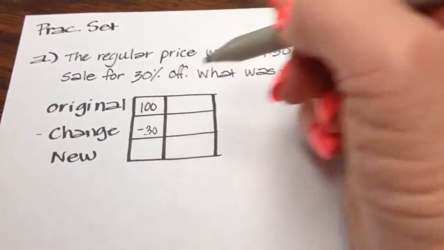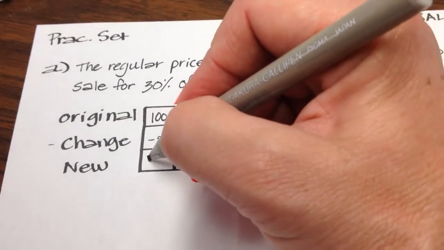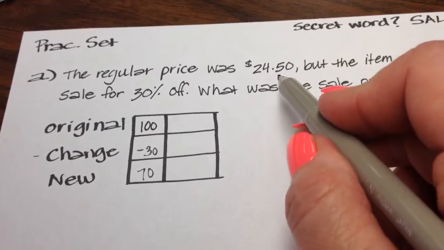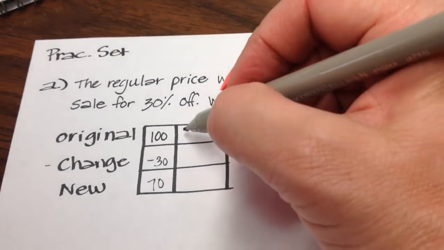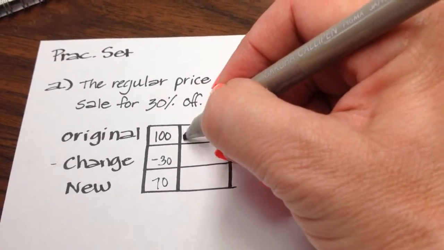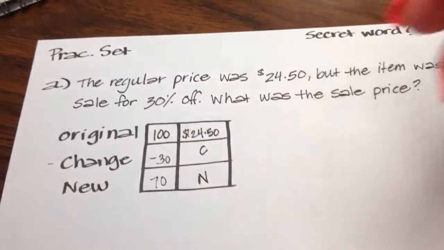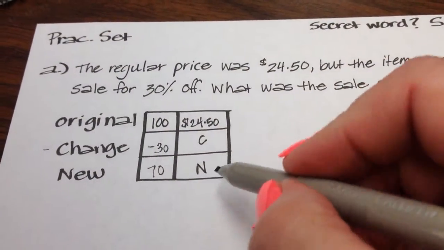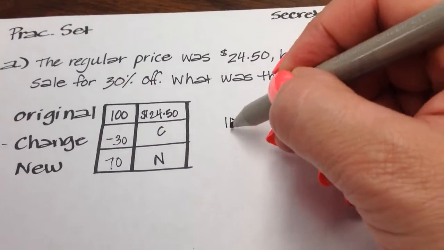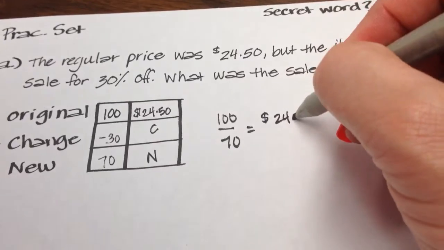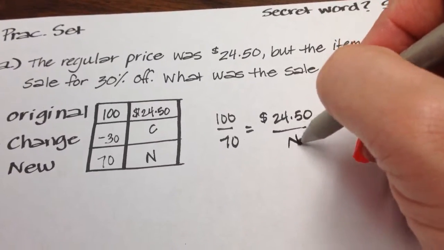So my new price is actually only 70% of the original. And it's told me that the regular price was $24.50. So $24.50, change, new. And I want to know the new price.